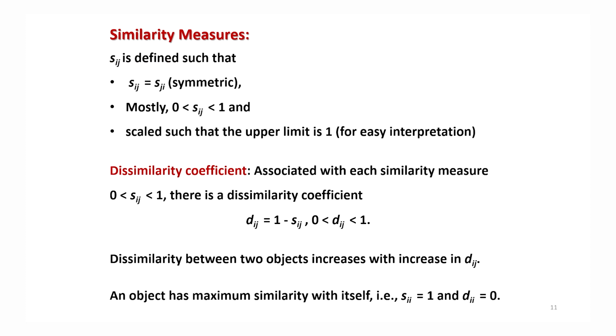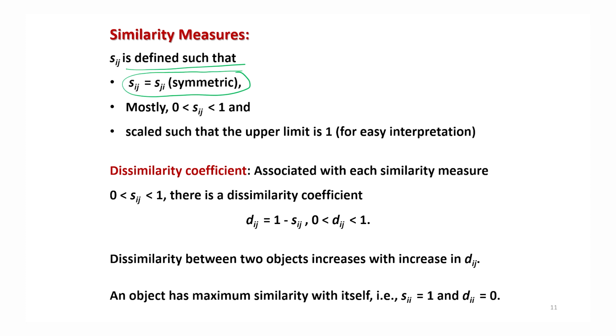Now let us understand how we can define such a similarity coefficient and what type of properties it should have. Sij is defined such that Sij is equal to Sji, that is, it is a symmetric function. That means if object number 1 is similar to object number 2, then object number 2 will also be similar to object number 1.